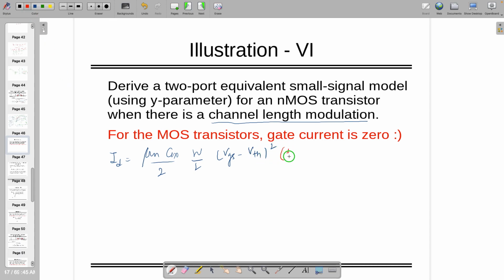However, in this case we have the extra VDS available. So in that particular derivation, we made del ID by del VDS go to 0, right? When it's in saturation, following the square law equation. But when it is not the square law equation, if it is with channel length modulation, then can you find out what the small signal model is? You can use the two-port network, which we have studied last time, right?